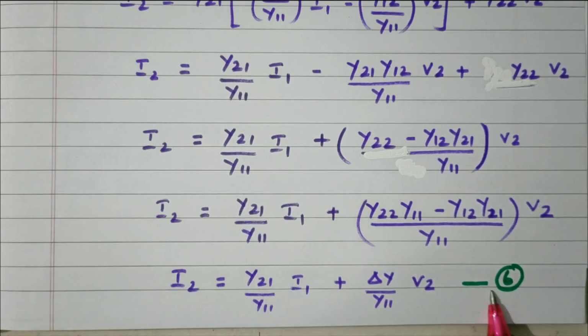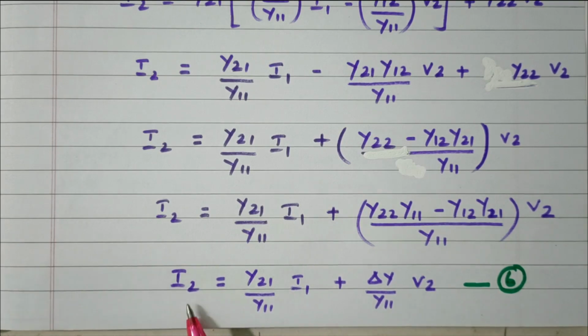So we will take this as equation number 6: I2 equal to Y21 divided by Y11 I1 plus delta Y divided by Y11 V2. So we got equations 5 and 6. We rearranged the equations so that we framed equation 5 and 6.